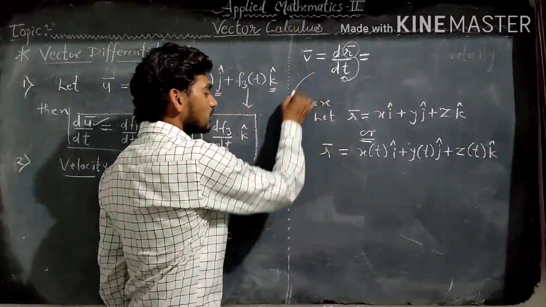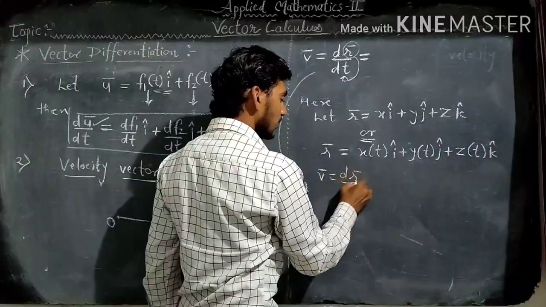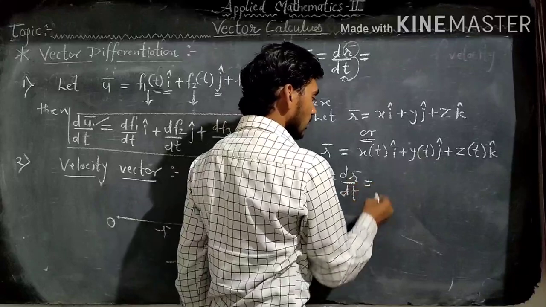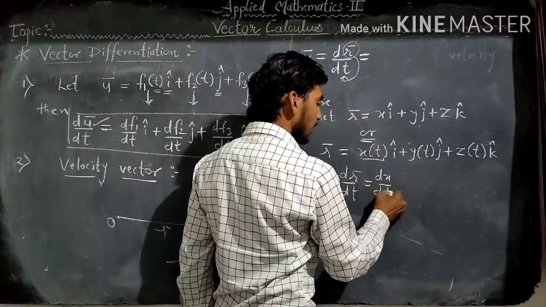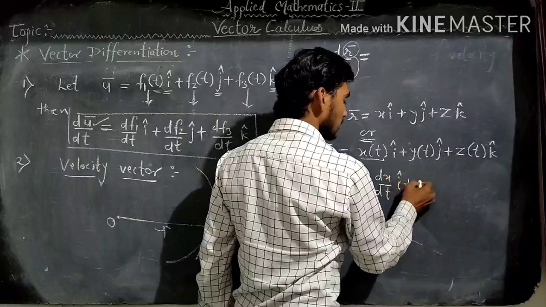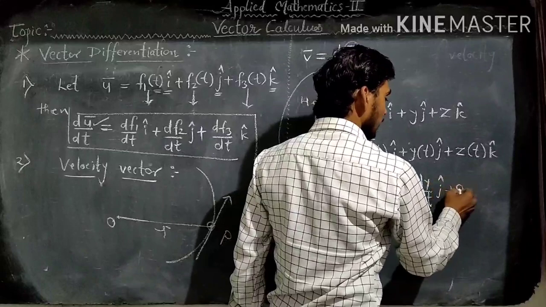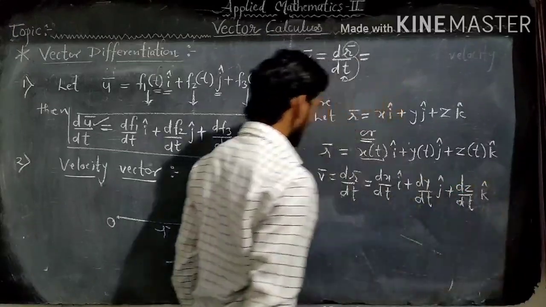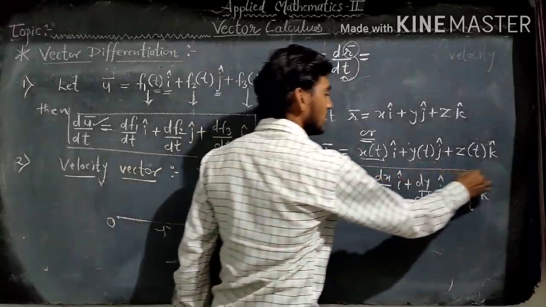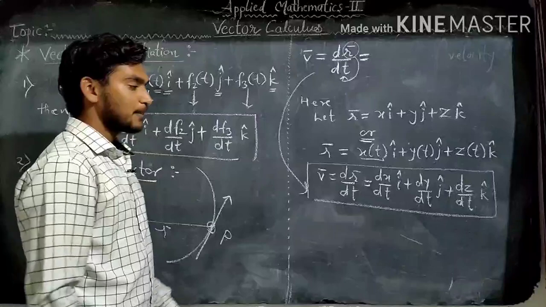Then velocity vector is defined as dr by dt, which is equal to derivative of x of t, that is dx by dt i plus dy by dt j plus dz by dt k. So this is velocity vector at any point P.